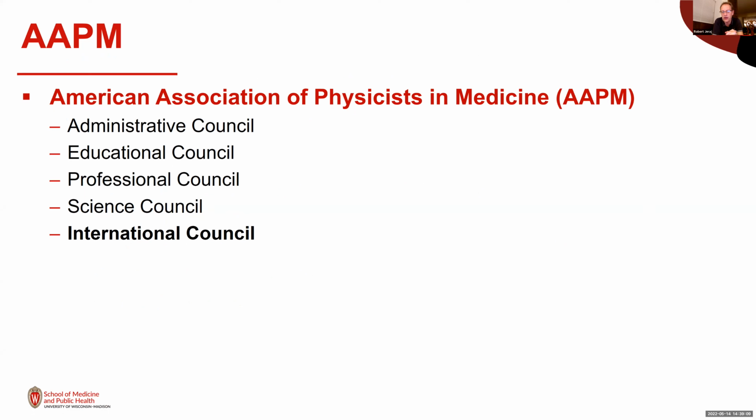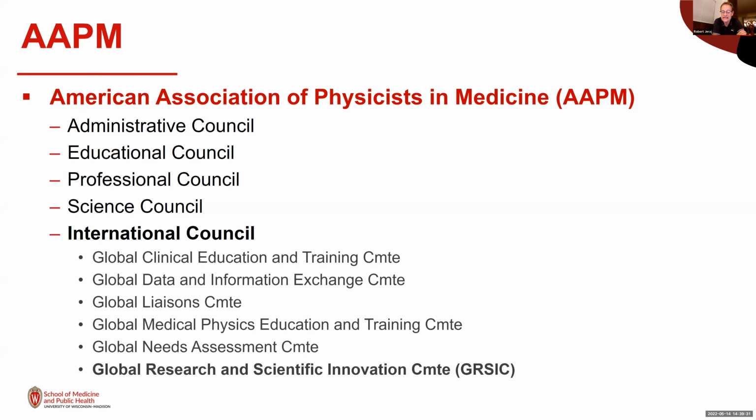So AAPM is organized in 5 councils, and the one at the bottom that you see, International Council, is the one that was created essentially last year. All the international activities within AAPM are now, with this new structure, channeled through the International Council. The Council itself has 6 committees, and one of them is in charge of research and scientific innovation.